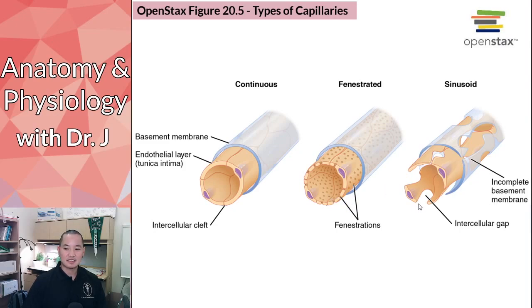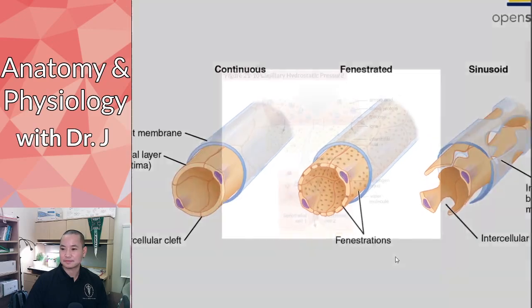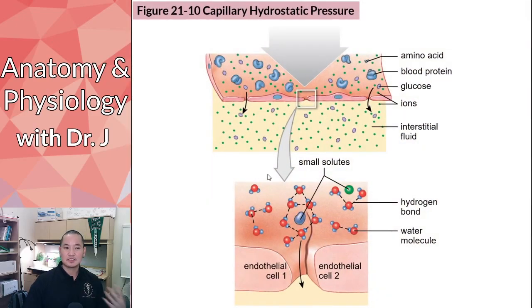And sinusoid capillaries, and I think I may have made a mistake in a previous lecture, can actually allow certain cells to squeeze through these bigger gaps. So again, continuous is the most intact and sealed off, and sinusoid is the most porous and the least continuous.